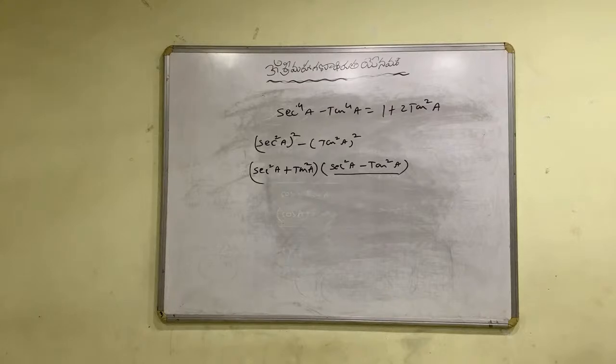Can anyone type the result? What is secant square a minus tan square a? 1. Okay, Hamsini, good. Good one. And can I say with this the problem is done? If I put 1 over there, can I say the problem is done?